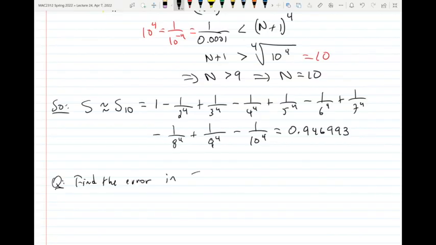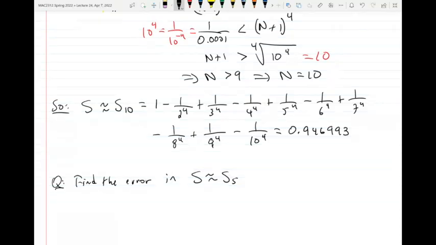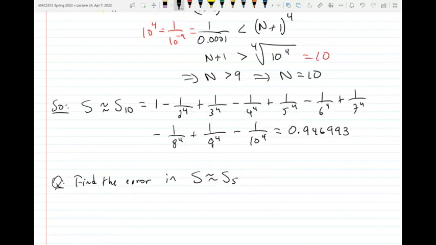Find the error in the following approximation. What's the error? Just use the theorem. The error is bounded by, so when I say find the error, I mean find an upper bound. Find a bound for the error in this approximation.